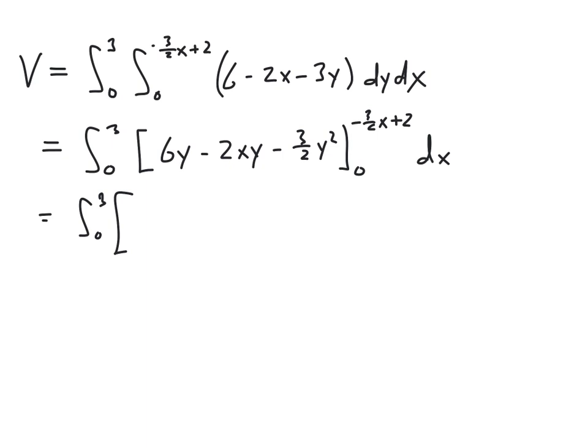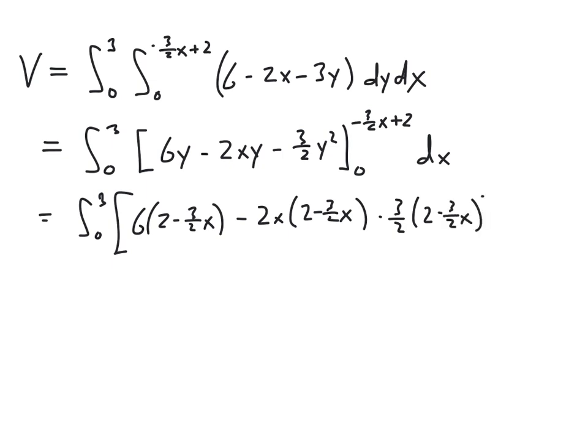When we evaluate it, I'm going to go ahead and write this as 2 minus 2/3 x. So we get 6 times 2 minus 2/3 x, minus 2x times 2 minus 2/3 x, minus 3/2 times 2 minus 2/3 x squared. And when we substitute in 0, every term has a y, so we get a 0 there. And so this is our integral.